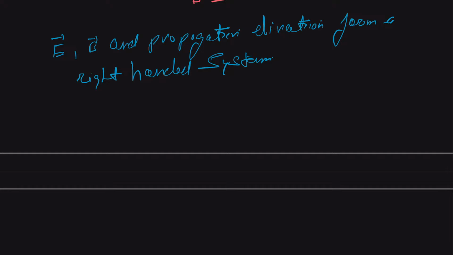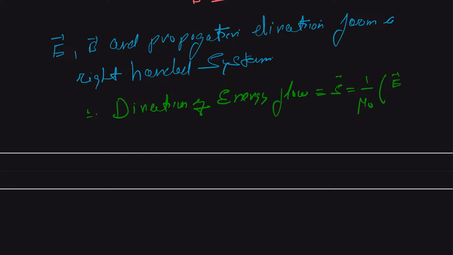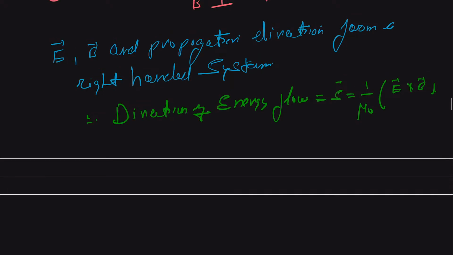Let me write it anyways, I'm not sure whether it is required or not. So you can say the direction of energy flow is given with the Poynting vector, which is represented by S, which is equal to 1 upon mu naught times E cross B. So E cross B is nothing but the propagation direction. Now we can easily apply our right hand rule, and we can find out the direction.